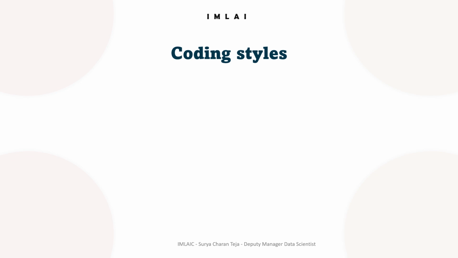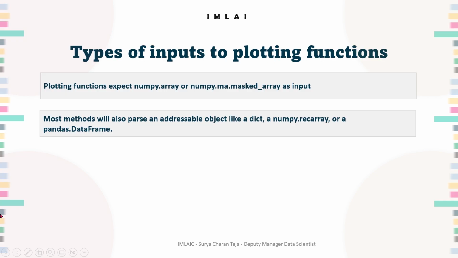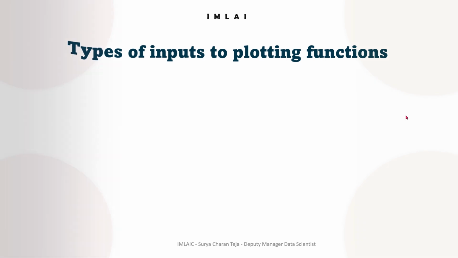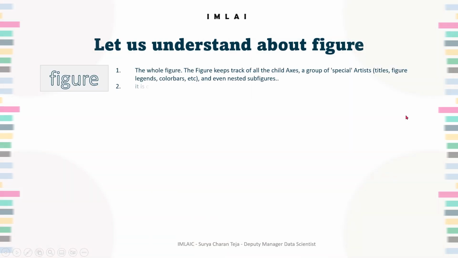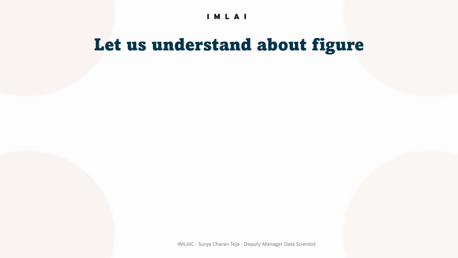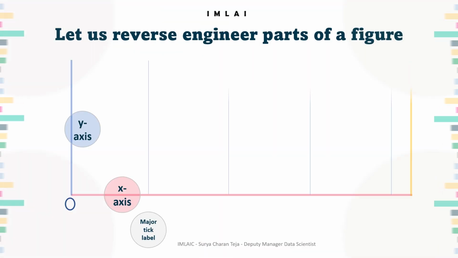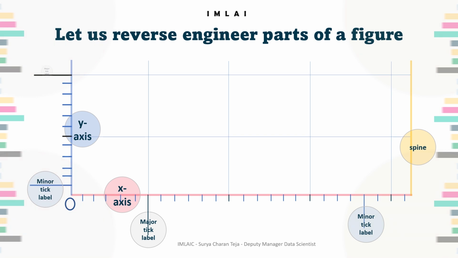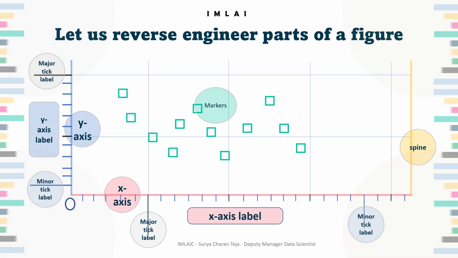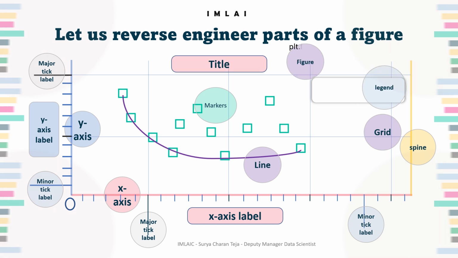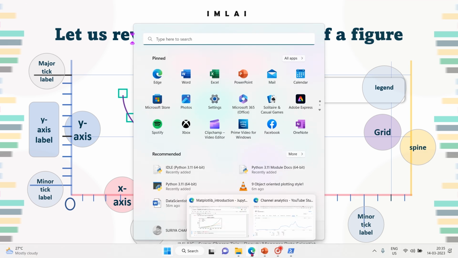Yeah, this is the coding style and plotting functions, and here is the figure. Just a minute. So we got the axis labels, we have x-axis label, y-axis label, and then we have the title, we have the legend. So almost all done.